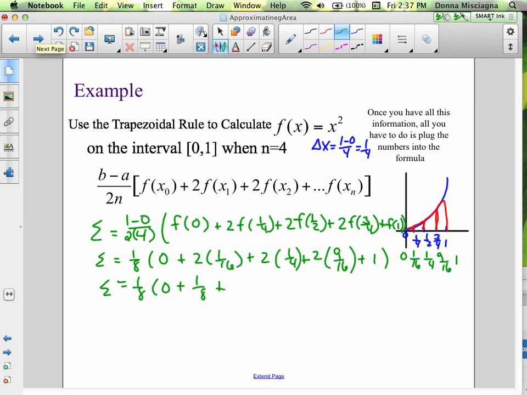No point in me reducing because I need to add it to the 1/8. So 2 times 1/4 would be 2/4, and 2/4 is the same as 4/8. And then we'll cancel out the 16, so that will be 9/8, and then 1. And 1, of course, is the same as 8/8. We may as well make that 8/8 so we can add it. All right, so this is going to be 1/8 times, so we've got 17, 18, 22 eighths.